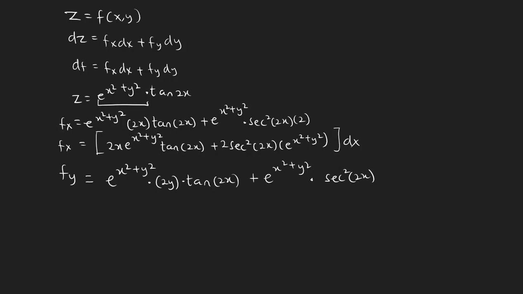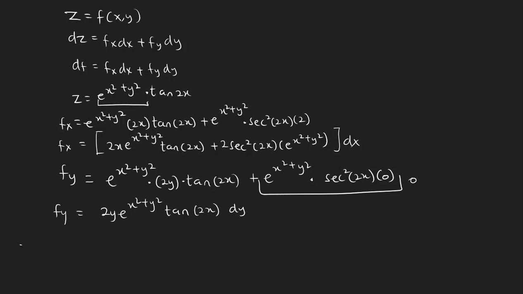But you see that the expression inside doesn't have any y in it. Therefore the derivative is 0, so all this term becomes 0. So you're going to have fy to be, let me write 2y first, 2y e to the power x squared plus y squared multiplying tan of 2x. Then you can bring our dy.